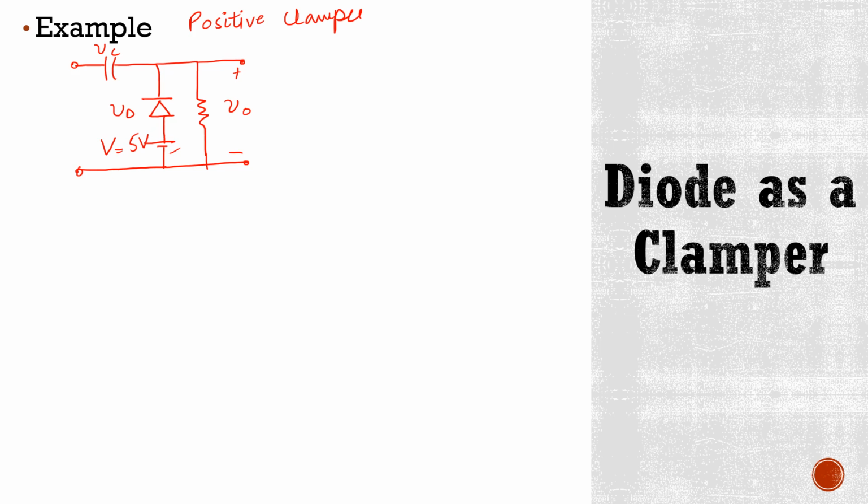Since the positive terminal of this battery is connected to this diode, this circuit is said to be a positive clamper with positive bias voltage.